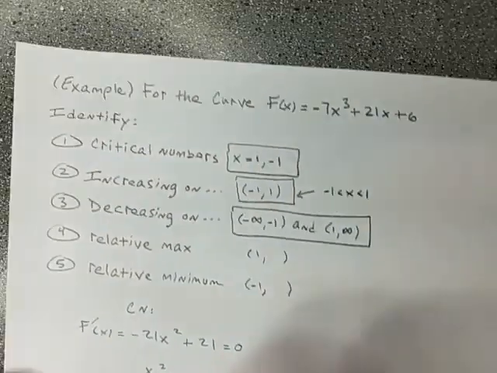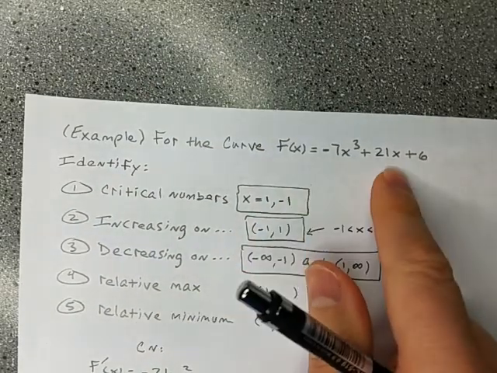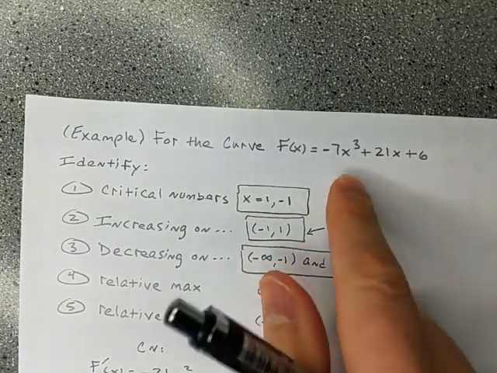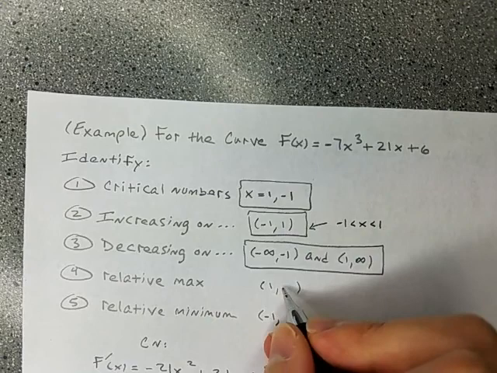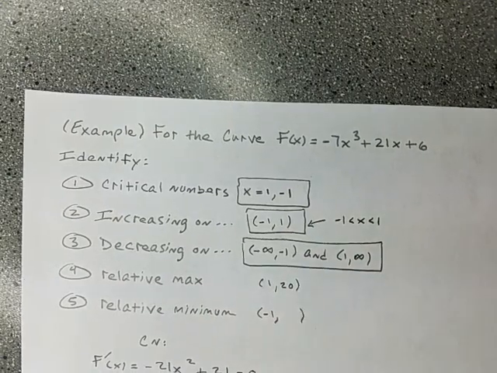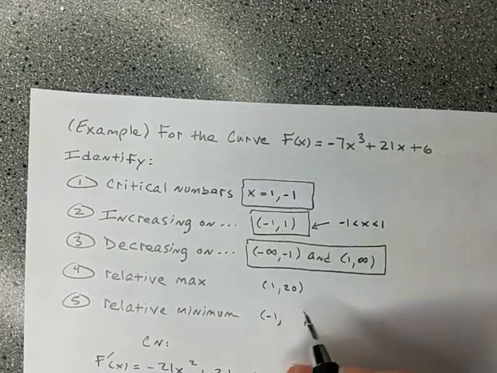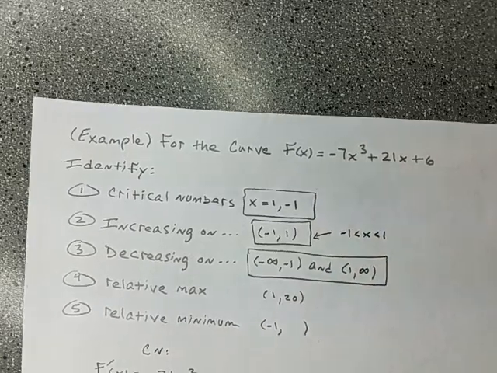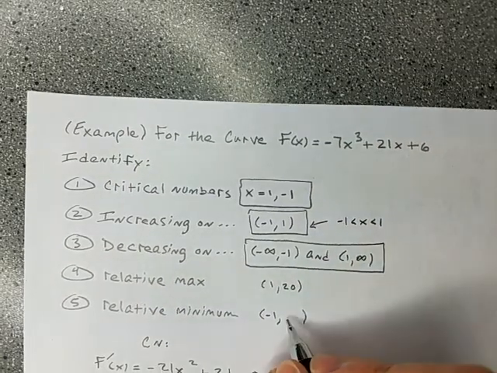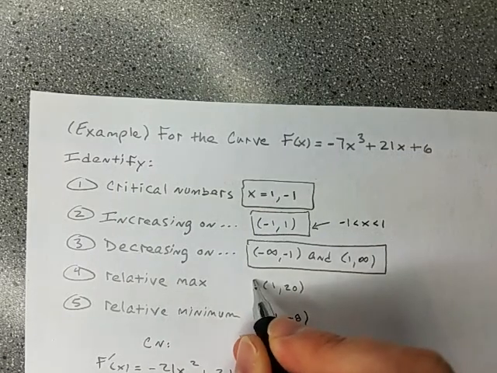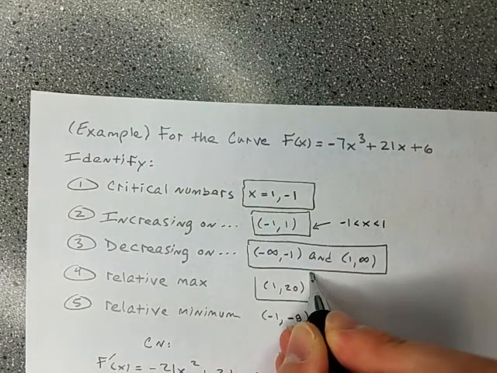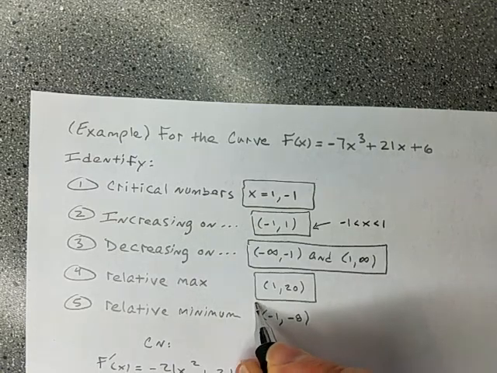So those points are points on this curve. This is how you find the y-coordinate. What you'll get when you do that is that you'll find the y-coordinate of this one is 20. And if you put -1 into that, you'll find that the y-coordinate is -8. Okay? All right, so there's my relative maximum. And then here's my relative minimum.